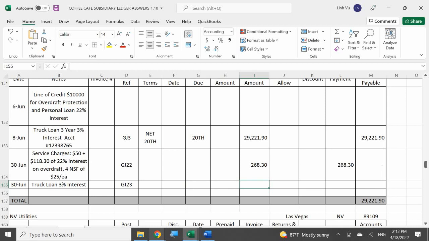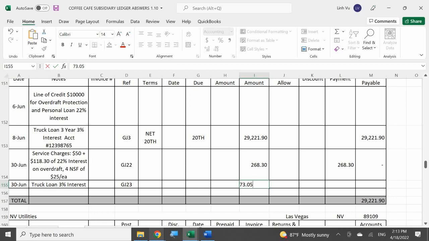So in this case, the $73.05, you can just put that there, because I've already borrowed 29,000, whereas with the Visa payable, you don't know how much you borrowed.